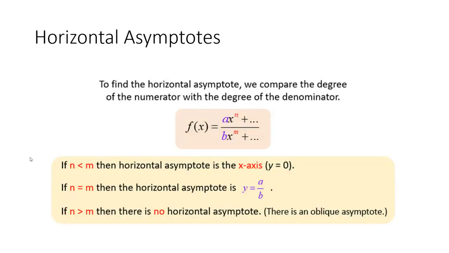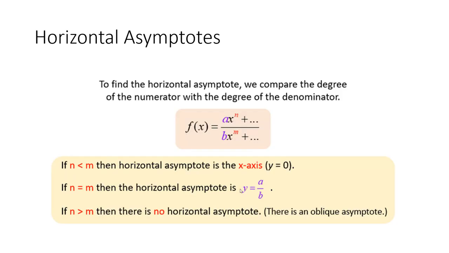First is how do we find horizontal asymptotes? So we have this rational function of this form f of x equals a times x to the n over b times x to the m. There is a horizontal asymptote at y equals 0 if the degree of the numerator is less than the degree of the denominator.